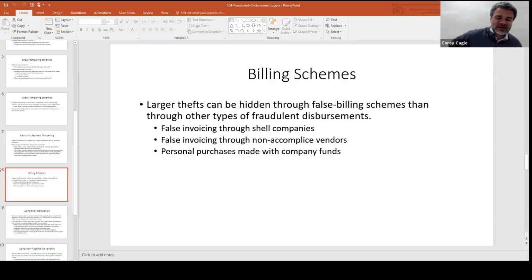So you can have a fake invoice through a shell company, a fake company set up. You can have a co-conspirator that you can set up an invoice from, or something as easy as just buying stuff for yourself with company funds, right?